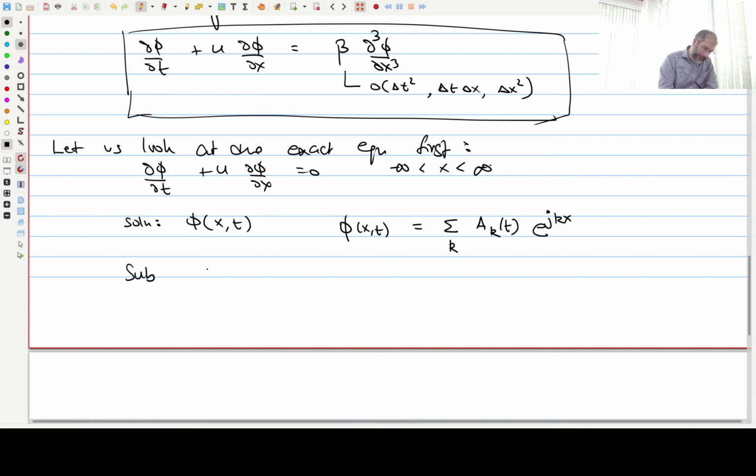So substitute phi equal to just one Fourier mode, ak e to the power of jkx. There's no delta x this time because we're talking about the actual function phi, not the error. So this has nothing to do with discretization. This is for the actual equation.